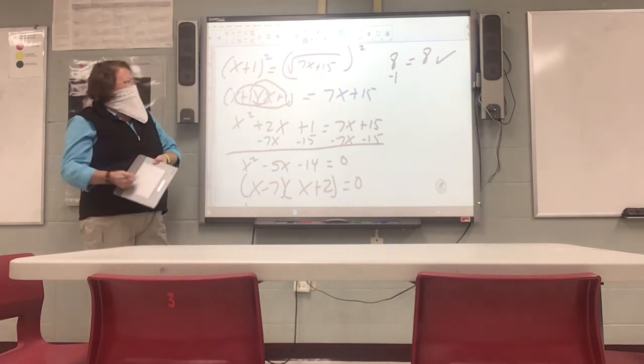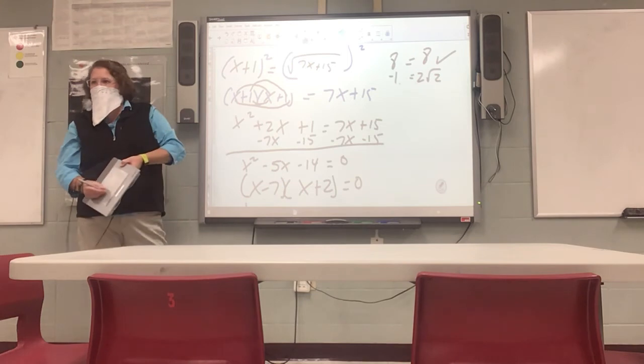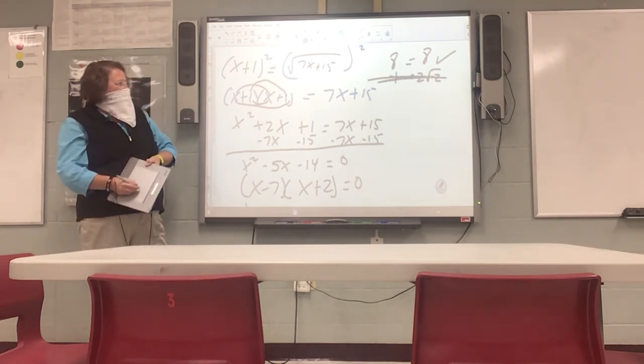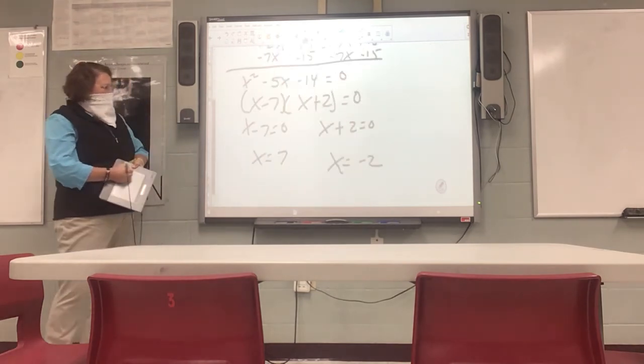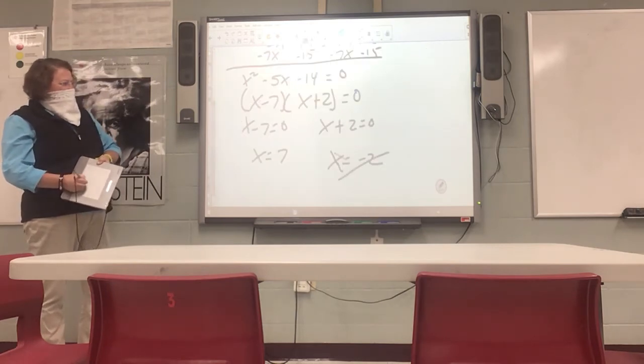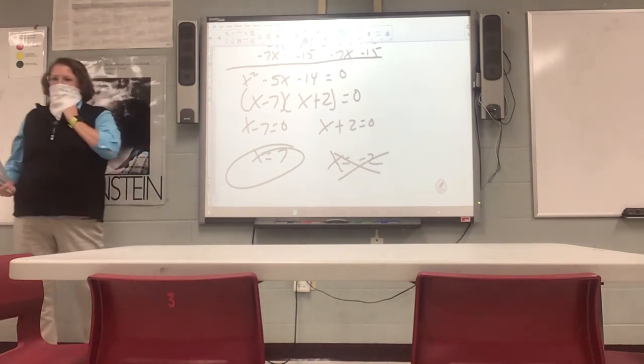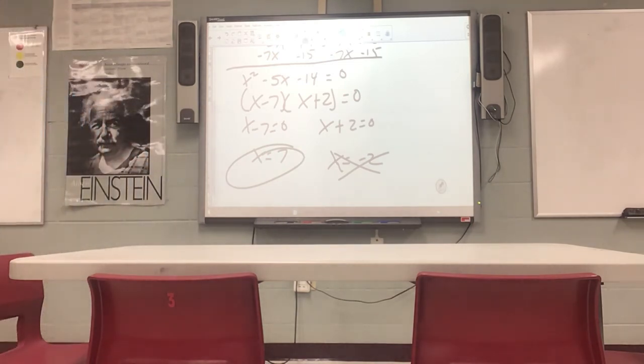Square root of 8 is 2 square roots of 2. Is this a true statement? No. So the negative 2 did not work, so you just get to kick it to the curb, and there's your one answer on that one. When you're checking, you're just looking for whether that's a true statement or not.